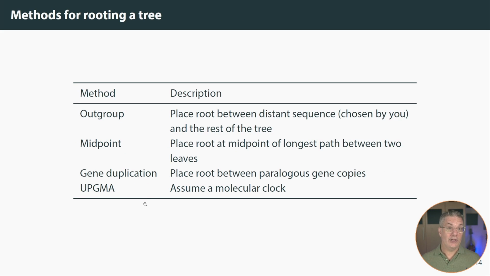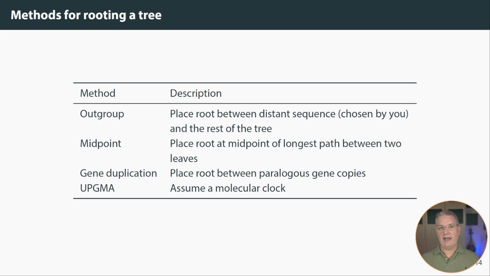And finally, rooting a tree. How do we root a tree? Well, there are a bunch of methods. These are the most common. The most common is what's called the outgroup method. So there, if we're looking at, say, evolution within a particular set of species, then we can take a sequence that's outside of that.